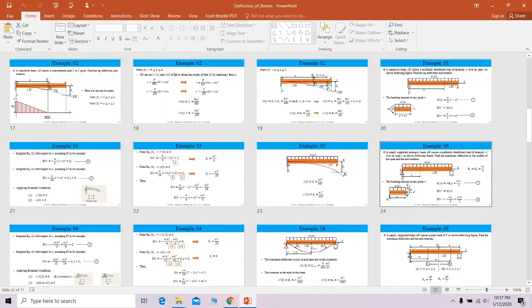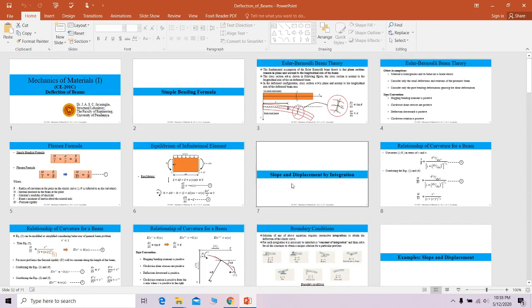In the first part, we use the derived differential equation to get slope and deflection, which means we can get a continuous variation of slope and deflection along the beam.